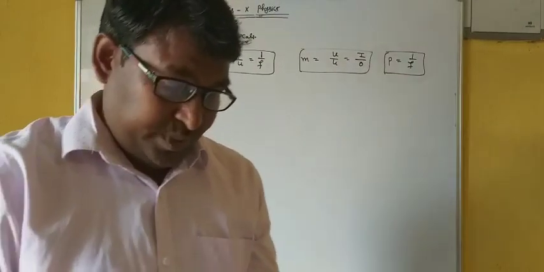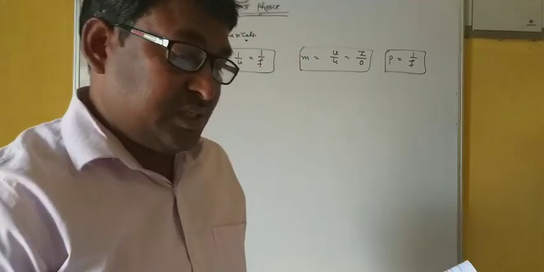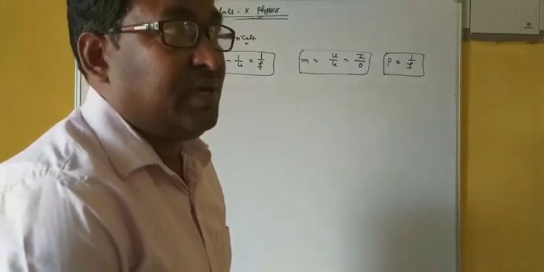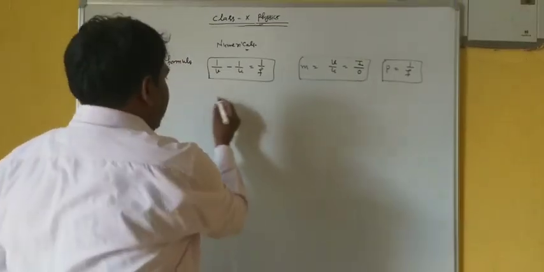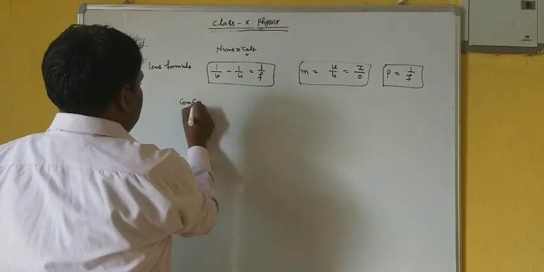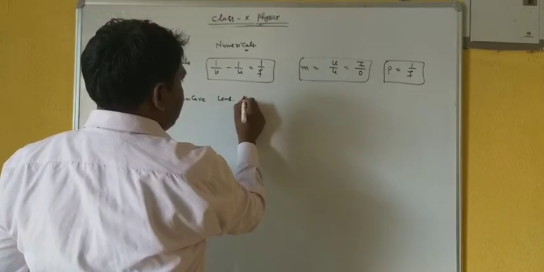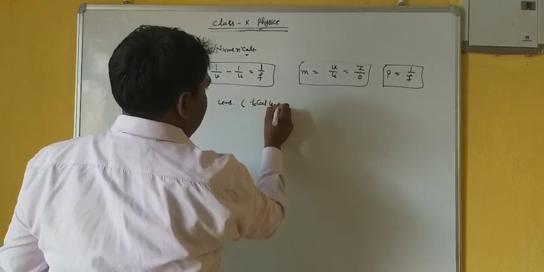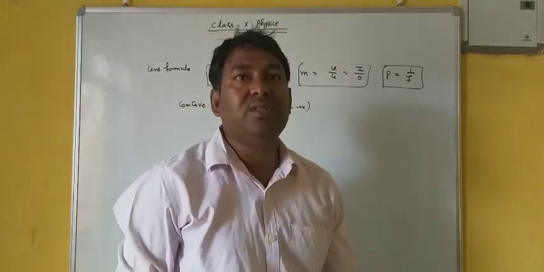For example, one numerical is: an object is placed at a distance of 10 centimeter in front of a concave lens. Concave lens means its focal length will be negative.